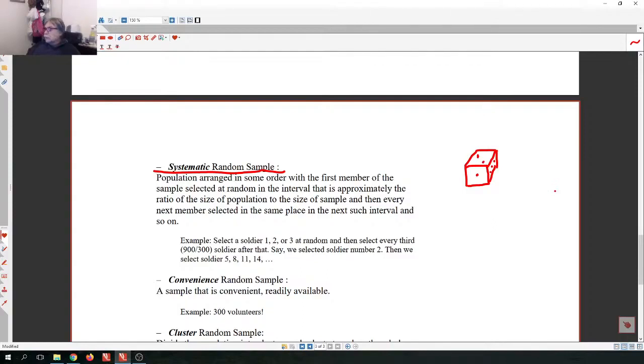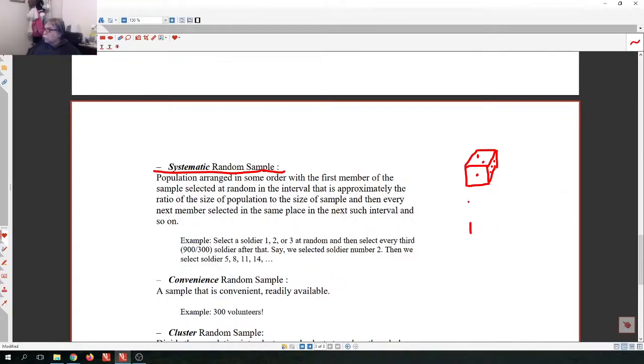So I have these 900 soldiers, and I'm still trying to select 300 soldiers from that battalion of 900. I have a roll with their names in alphabetic order. Number 1, number 2, number 3, and so on. I'm just going to roll this die and it will turn out to be either 1 or 2 or 3 or 4 or 5 or 6.